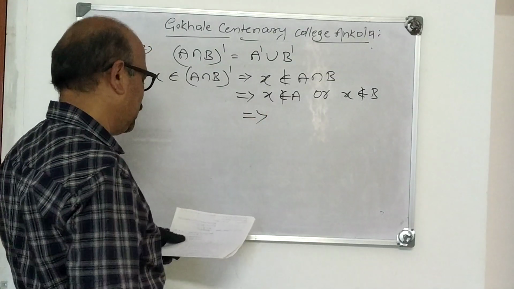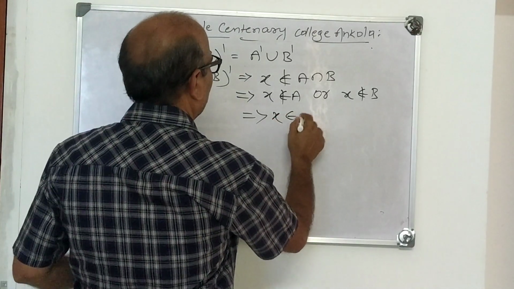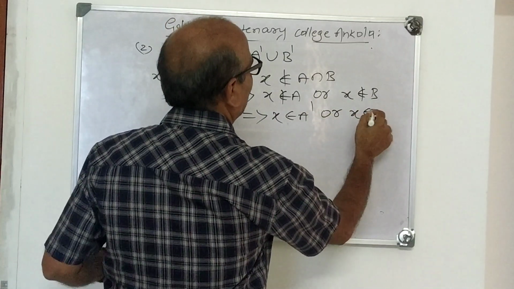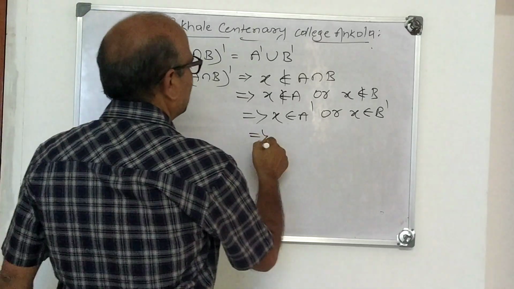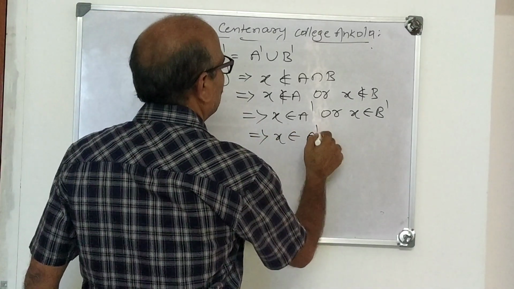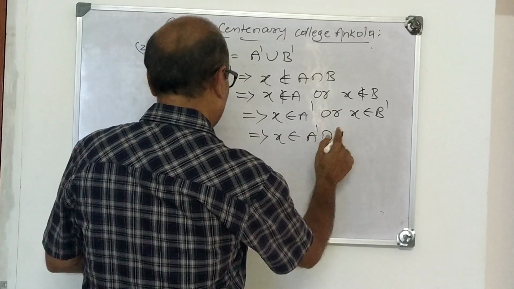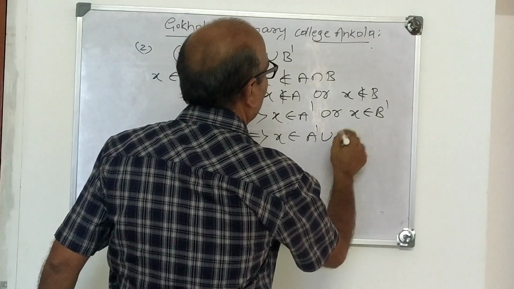What does this imply? x belongs to A dash or x belongs to B dash. This implies x belongs to A dash union B dash.